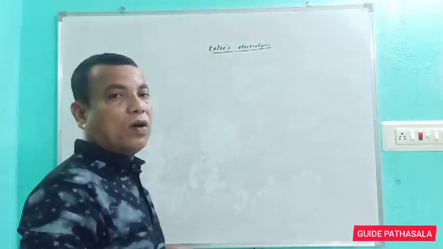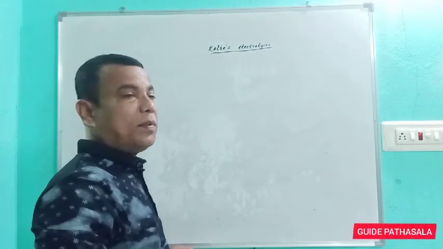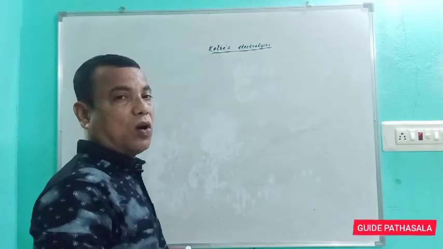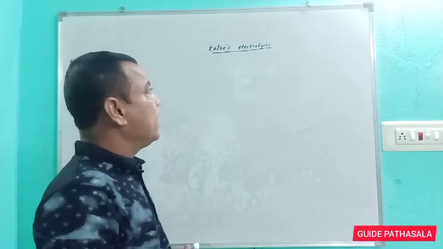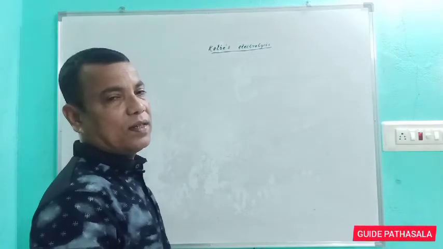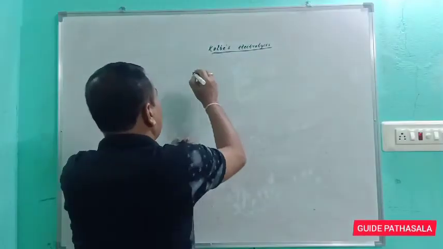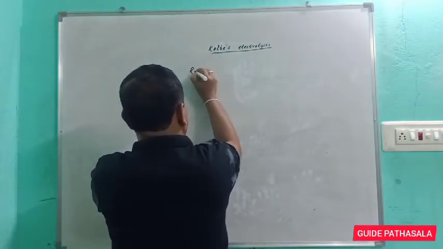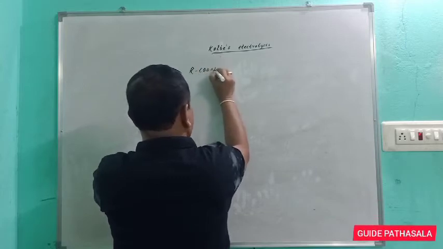Kolbe's electrolysis means when sodium or potassium salt of a monocarboxylic acid is electrolyzed, then an alkane is formed at the anode. This type of reaction is called Kolbe's electrolysis. Suppose I take sodium salt of carboxylic acid, this is your RCOONa.